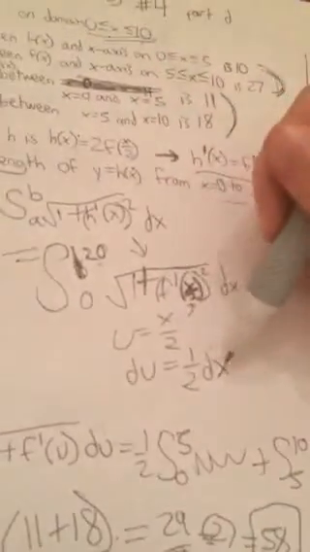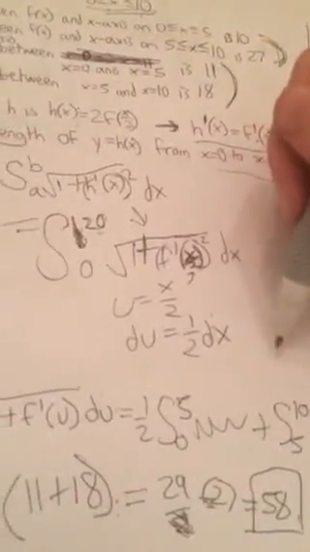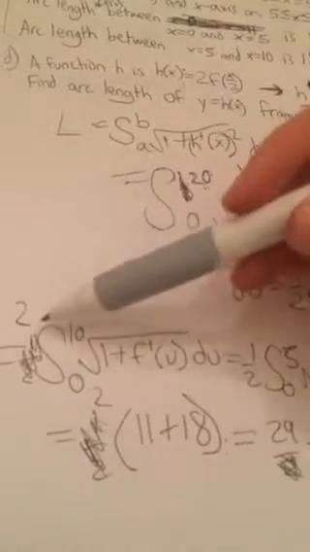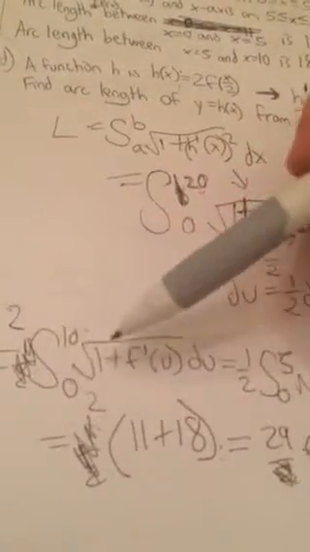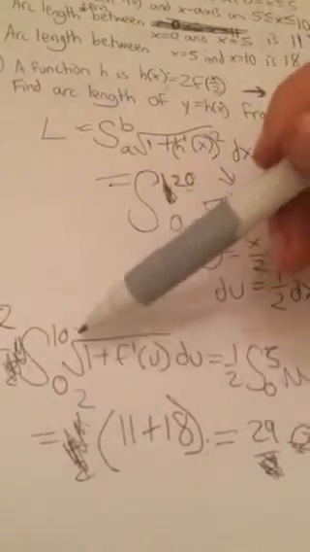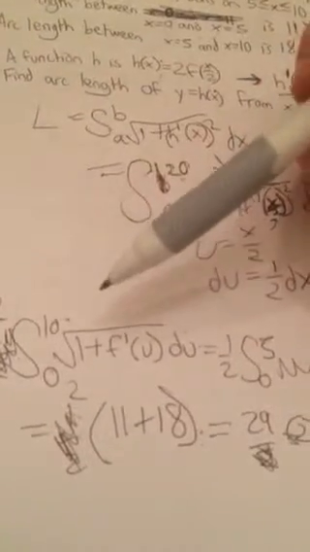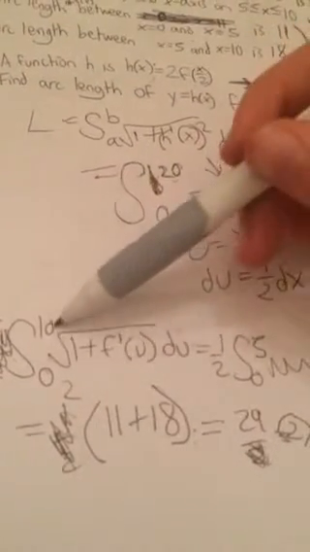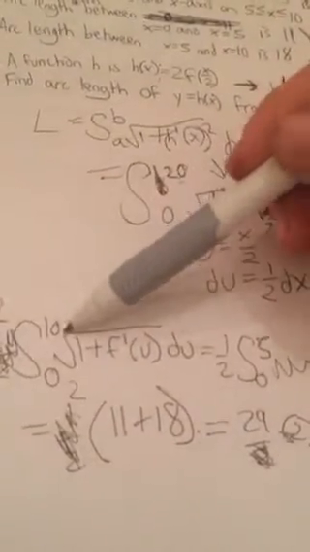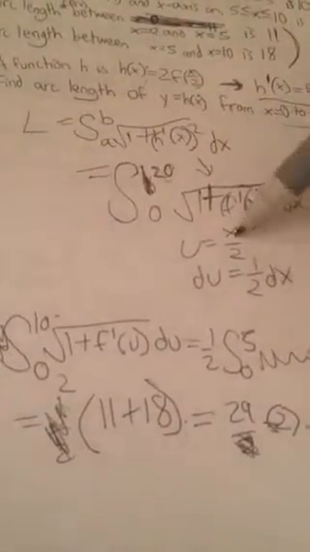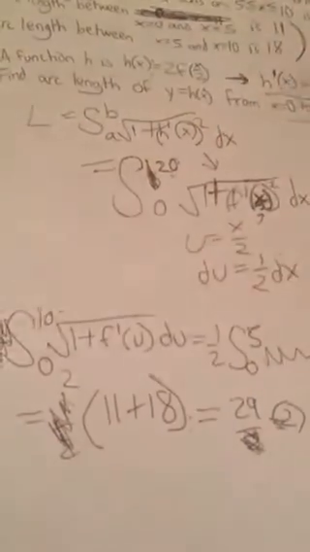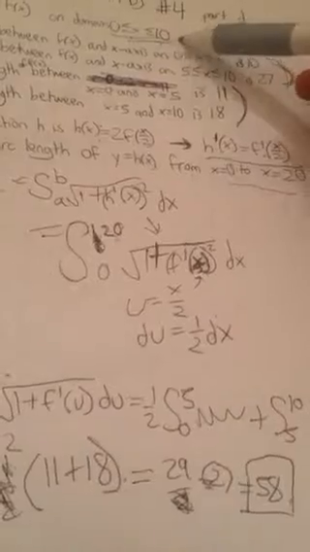So we'll set u to that, du equals 1/2 dx, and we'll put a 2 on the outside here. And the u limits will be, we'll divide our interval numbers by 2, so 20 over 2 will be 10. And that'll fit in our domain up here, all the way there.